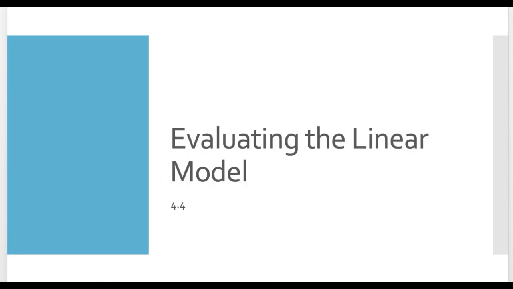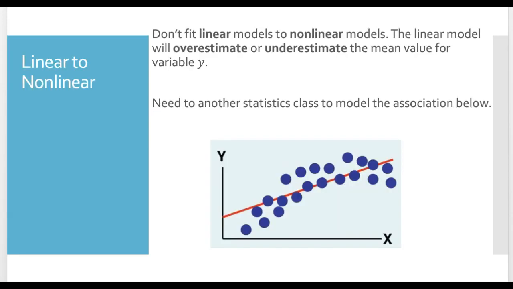All right. So as far as evaluating the linear model, there are some mistakes we need to avoid and some things we need to check before we go further into our study. The first thing is to make sure that we're not using a linear regression model to model a nonlinear association.